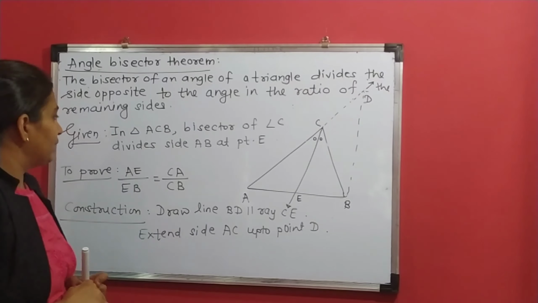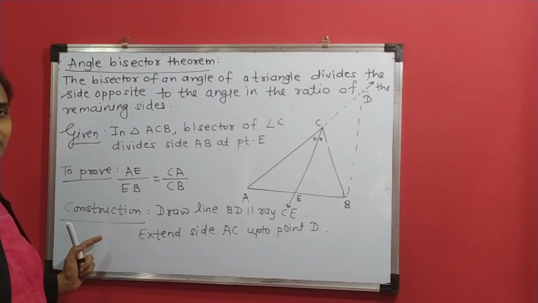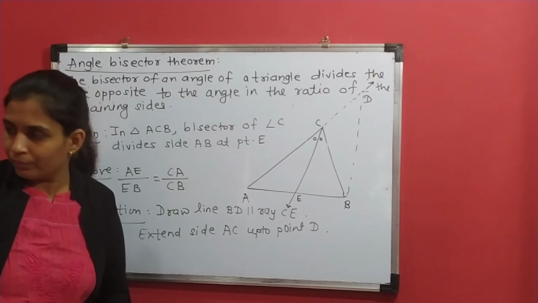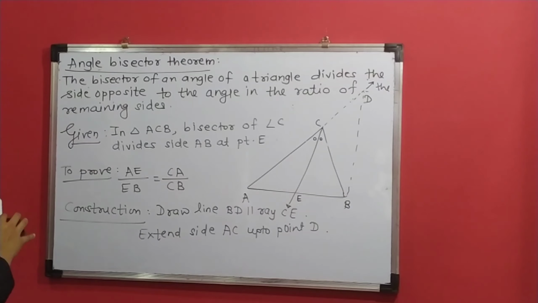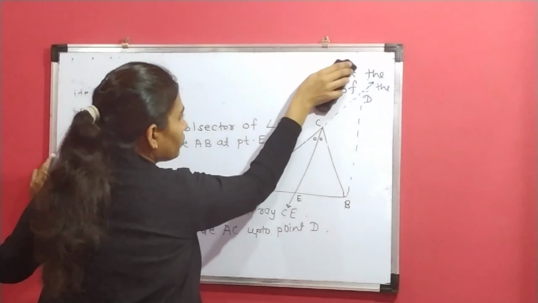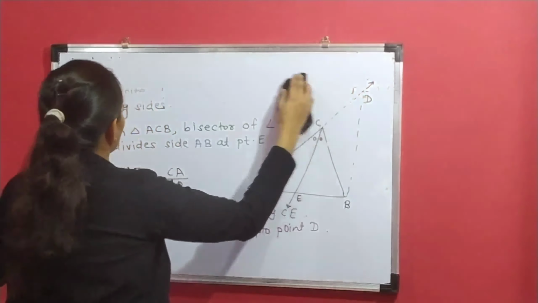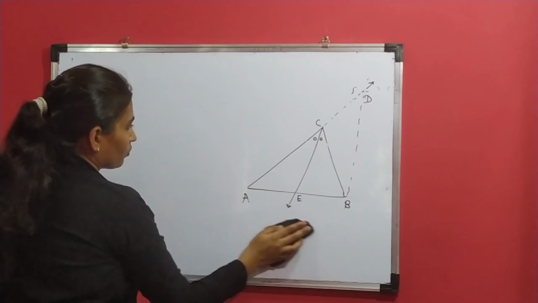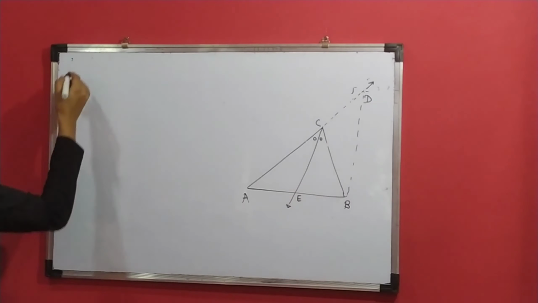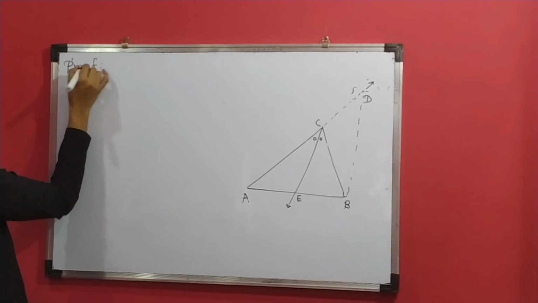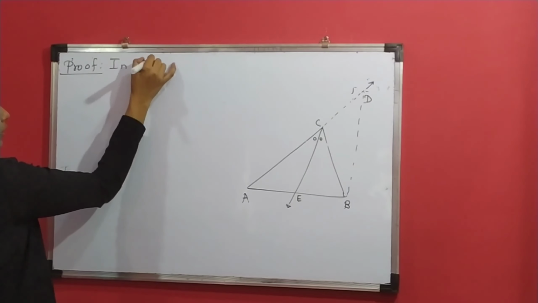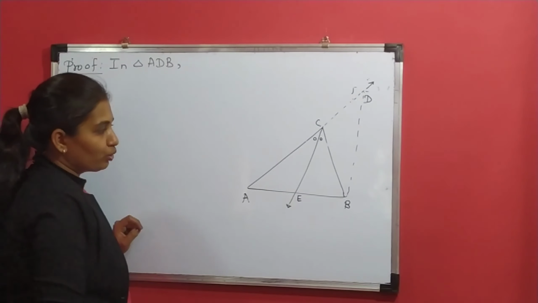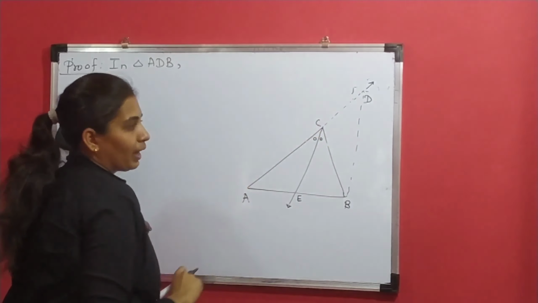Now students, this is given, to prove, and construction. Now let's learn about the proof. So the proof will contain: in triangle ADB, now students, this CE is parallel to BD.